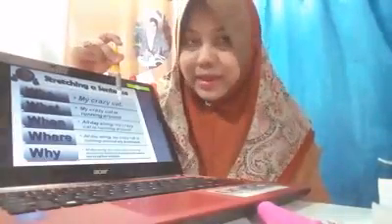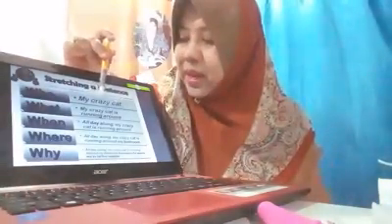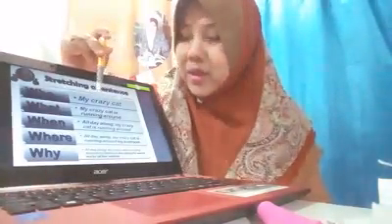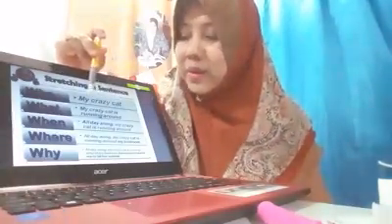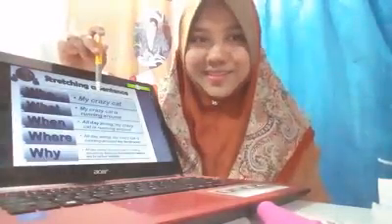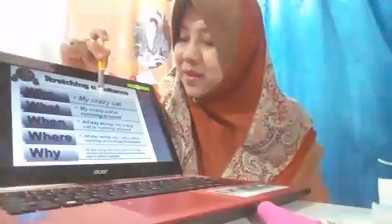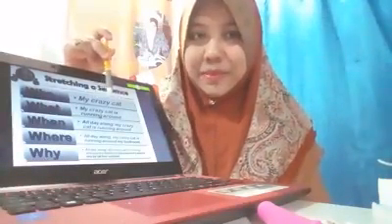Or you can make it better by putting the adjective here, my crazy cat. Or what else? My cute cat, or my lovely cat. My furry cat. Remember, whenever you put the adjective here, your sentence becomes better.